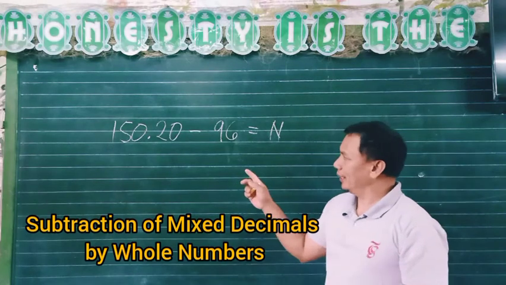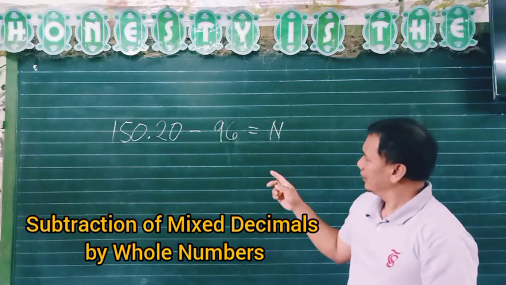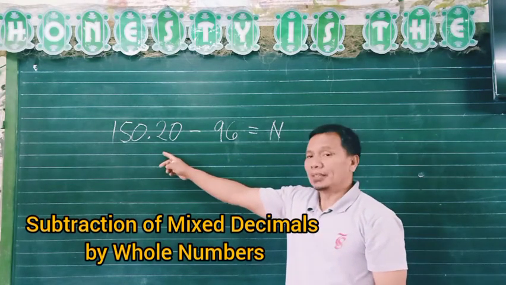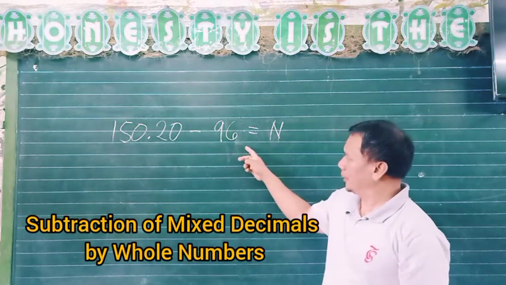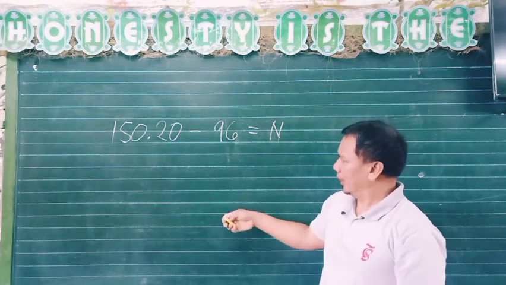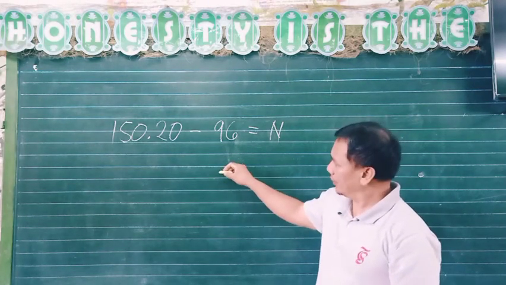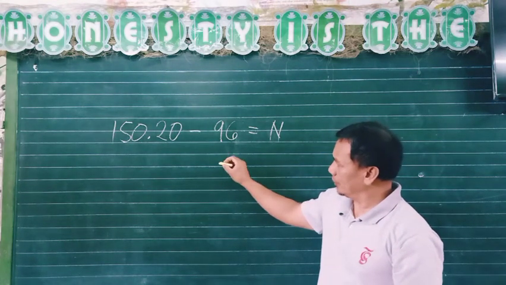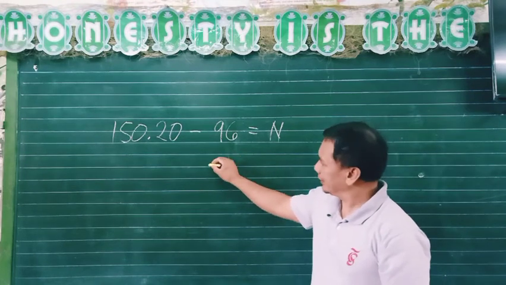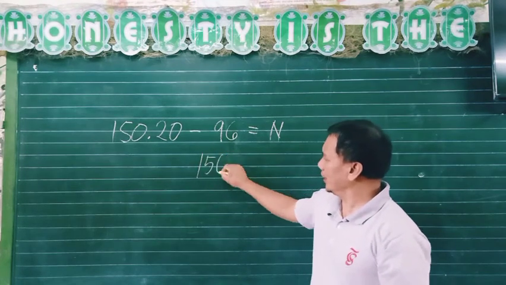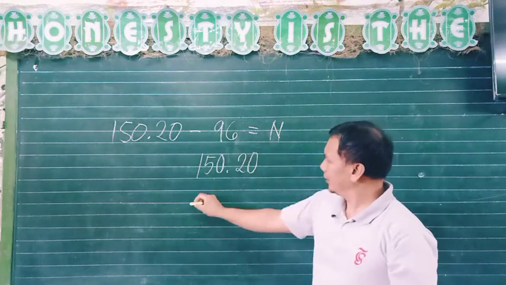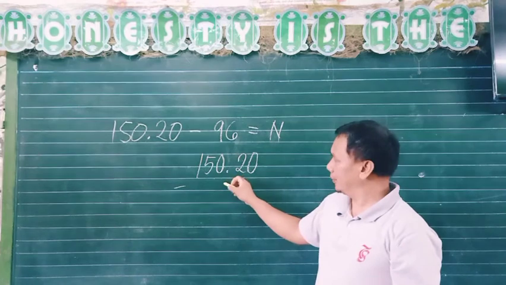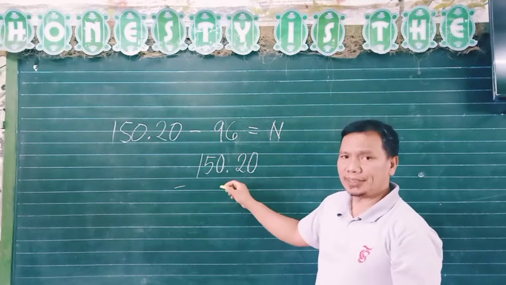Okay, another example in subtracting decimal numbers is subtracting mixed decimals by a whole number. Okay, so always write in column for you to subtract this more easily and correctly. So you write 150 and 20 hundredths minus, take note, always align the place value of the number, if you are adding whole numbers or decimal numbers.